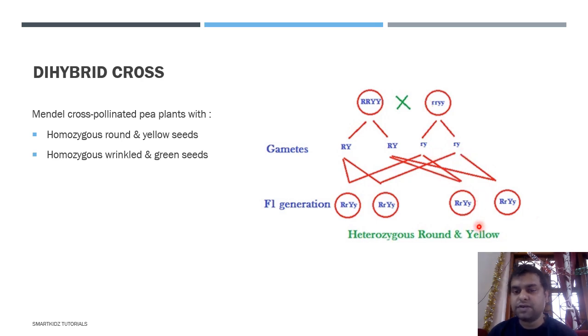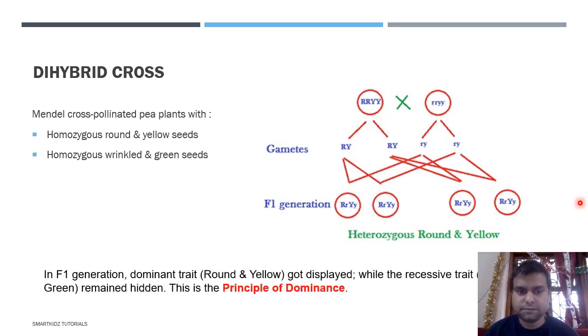In both cases, the F1 generation gives us heterozygous round and yellow seeds. So in the F1 generation, we have the dominant trait, round and yellow, displayed, while the recessive trait, wrinkled and green, remains hidden.